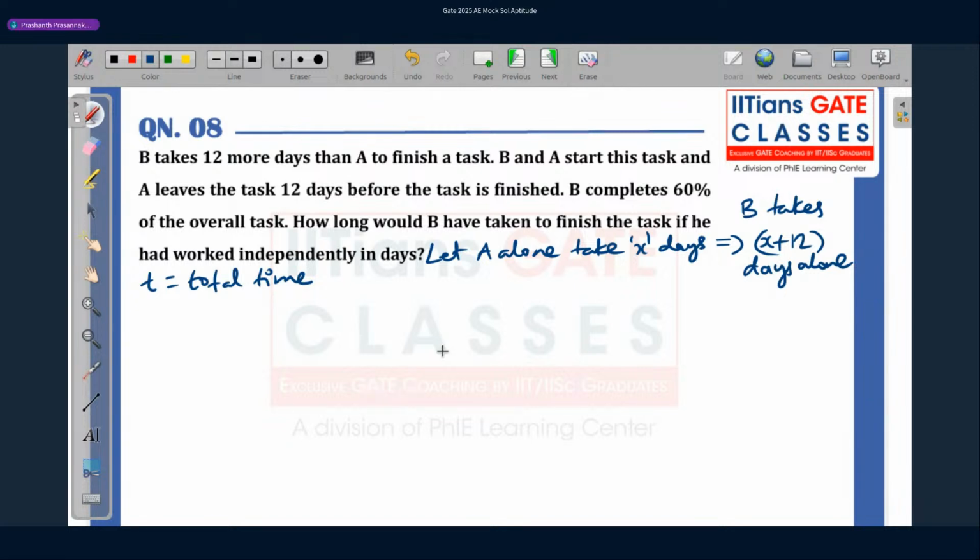Fine. Let me start now. So one equation I'll write is T divided by X plus 12, plus T minus 12 divided by X, equals 1. Do I need to explain how I wrote this equation?